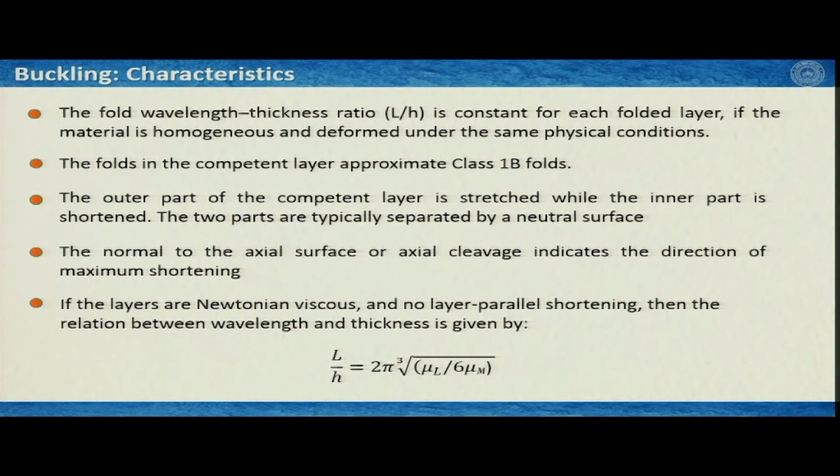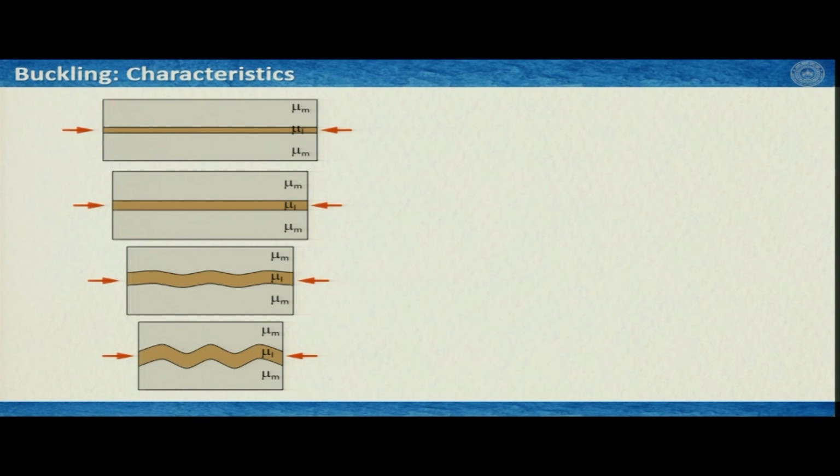So, what we see here is that initially this is the configuration: I have a thin layer with the viscosity mu L, which is embedded within a matrix with the viscosity mu M. The condition is mu L is greater than mu M. Now, if I try to compress it, at the very beginning I will not see any folding or buckling.